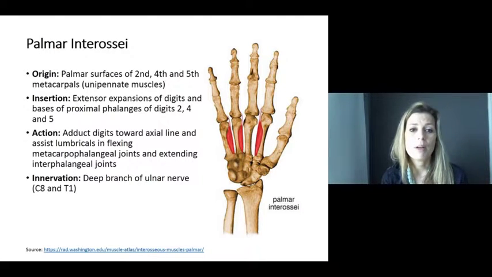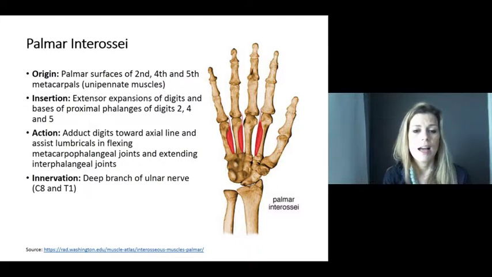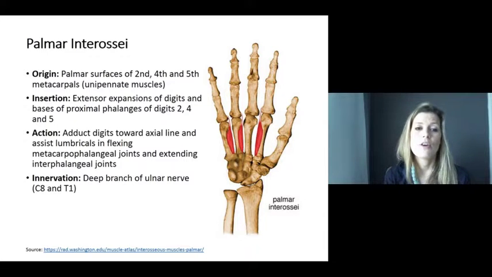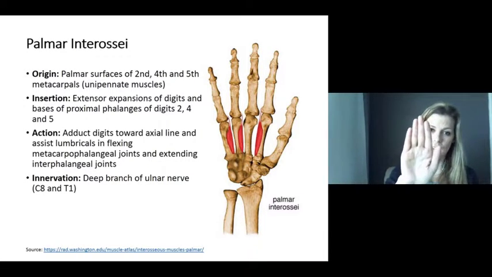With the palmar interossei, the ulnar nerve is going to innervate all of your interossei. And remember, you have both palmar and dorsal. With palmar, I like to think of PAD, P-A-D. So I know P for palmar, they are going to adduct the fingers, bring those fingers in.